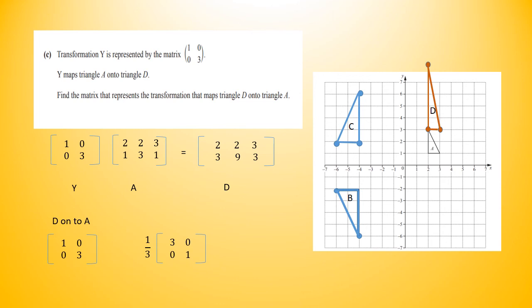Firstly, you take the determinant, which gives 1 over 3. And then you change the positions and change the signs of the matrix. And the matrix which transforms triangle D onto A is the inverse of the original matrix.